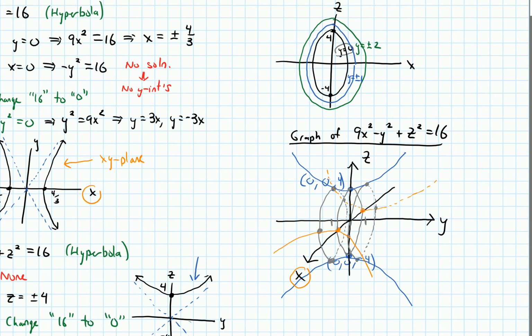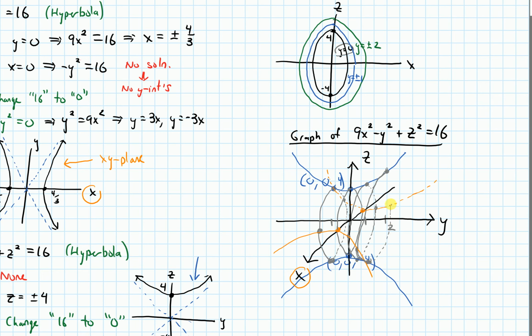So let's draw one more of these for good measure. If I draw the one at 2, the top of that is going to be on the blue hyperbola. We come down until we hit this orange one at the front, and then we keep coming down until we hit the blue one there at the bottom. Now I draw a dash line because I can't see the backside.